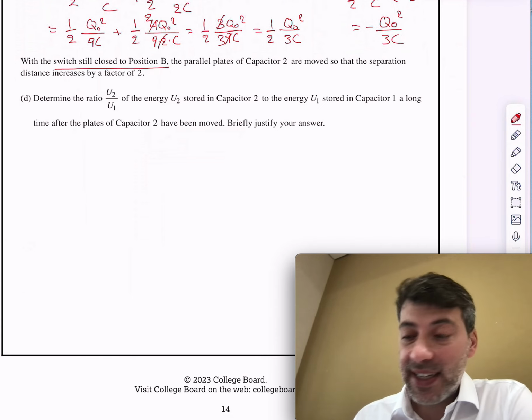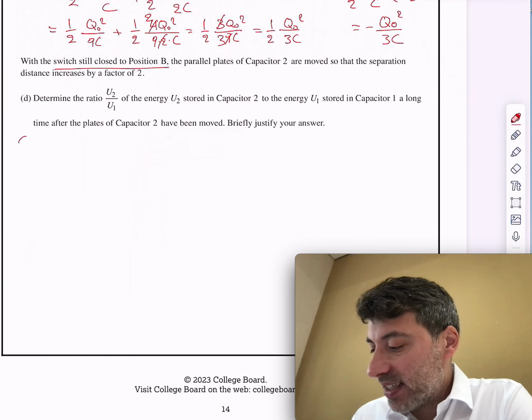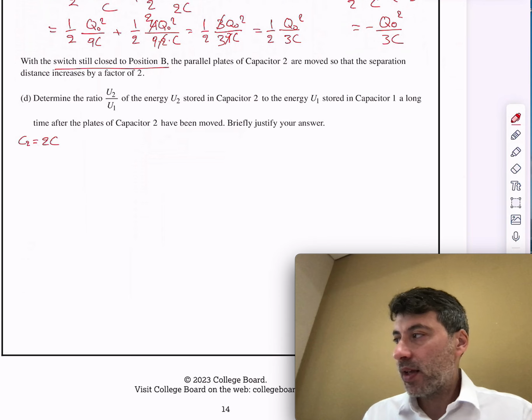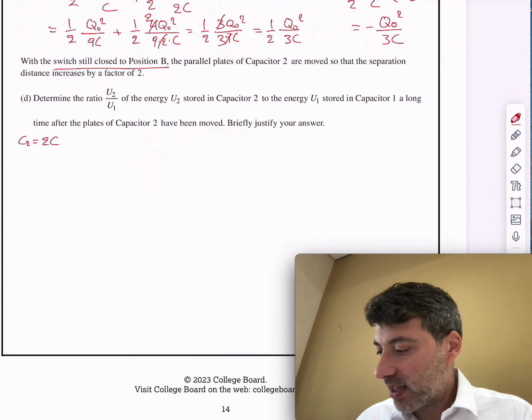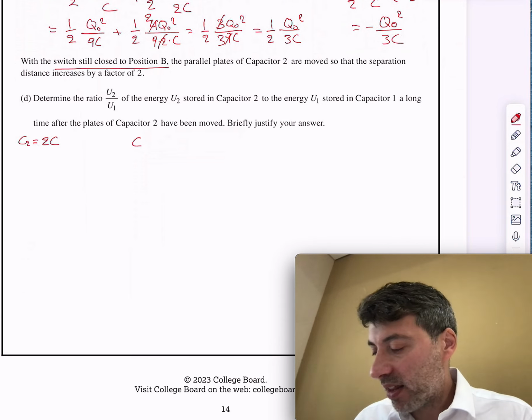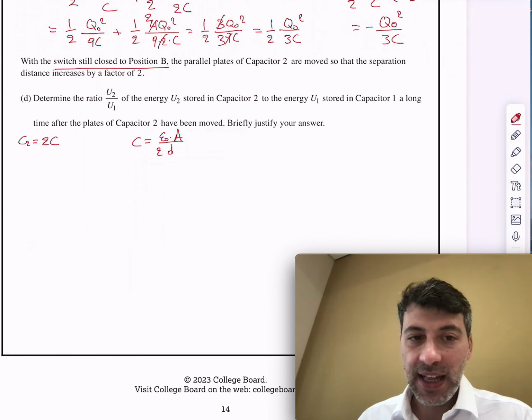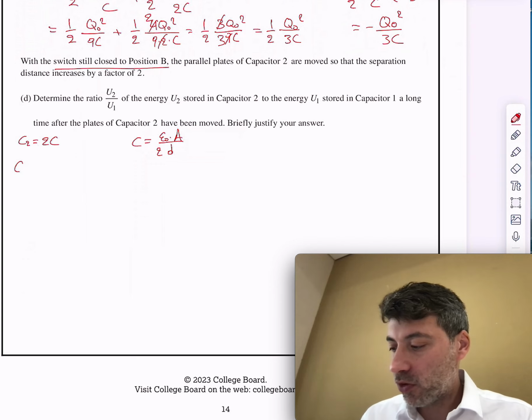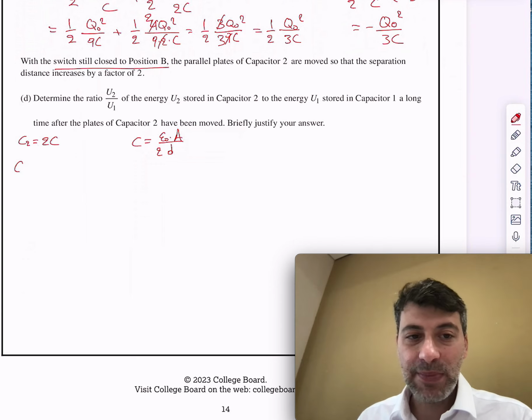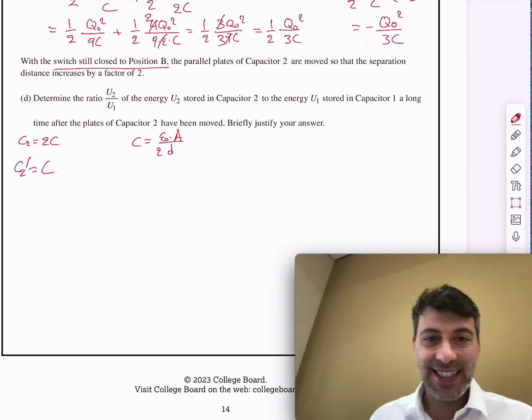So we will have a change in the capacitance. The initial capacitance for capacitor 2 was 2C, but it is given that the distance increases, and we remember that the capacitance is epsilon naught multiplied by area divided by the distance. So since the distance is increased by a factor of 2, the capacitance from 2C will decrease by a factor of 2, so it will become C.